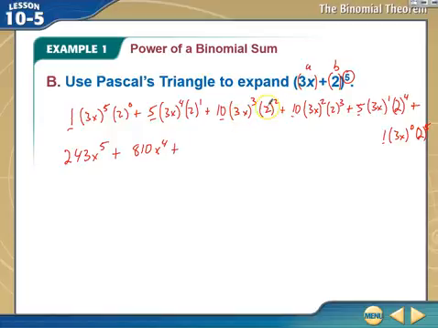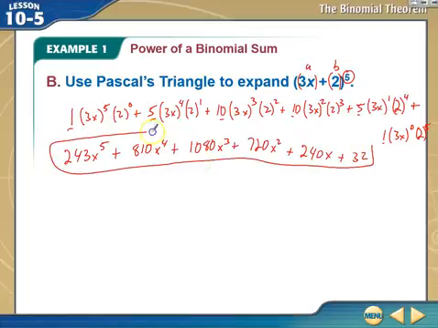So 27 times 4 times 10 gets me 1080 x cubed plus 3 squared is 9, 2 cubed is 8, 8 times 9, 72 times 10, 720 x squared plus 5 times 3 times 16 is 240 x plus 1 times, remember, big giant 1, 2 to the fifth is 32. And there is my answer. Ta-da!